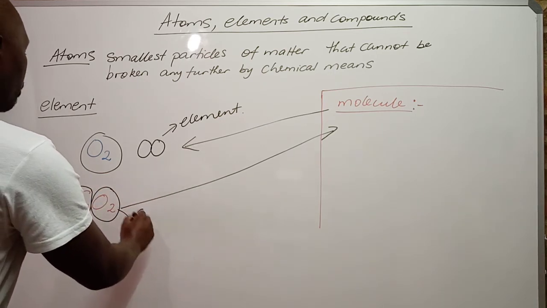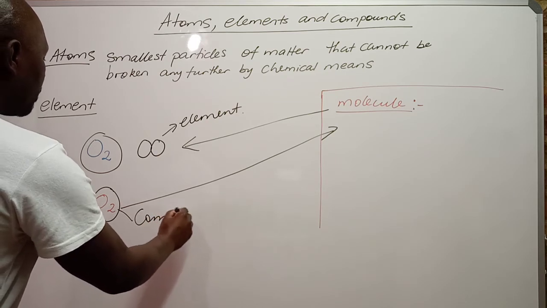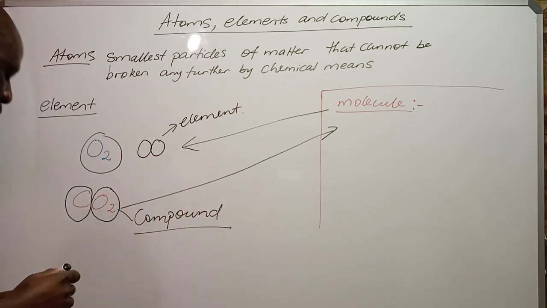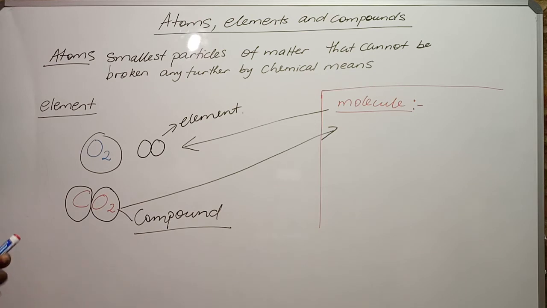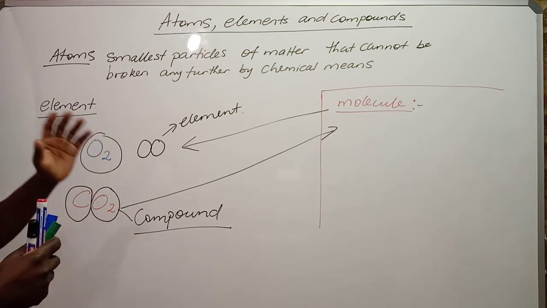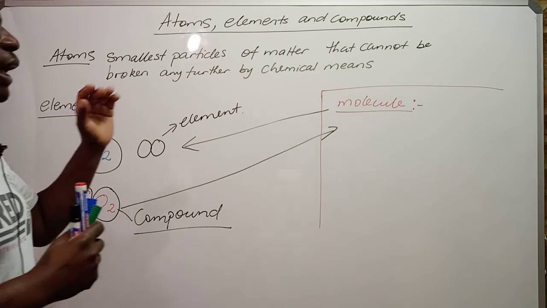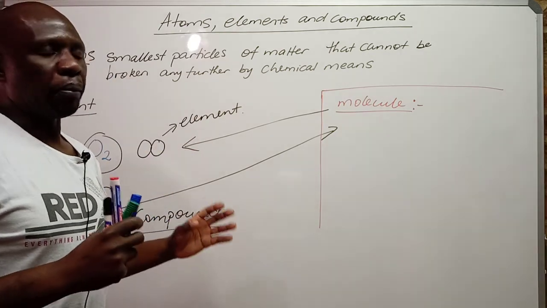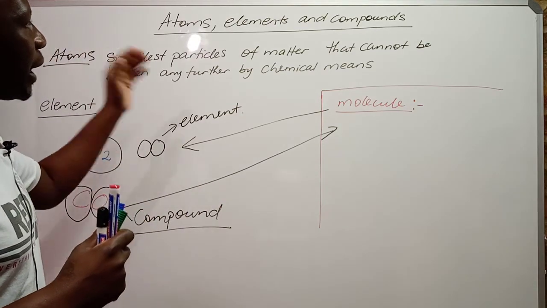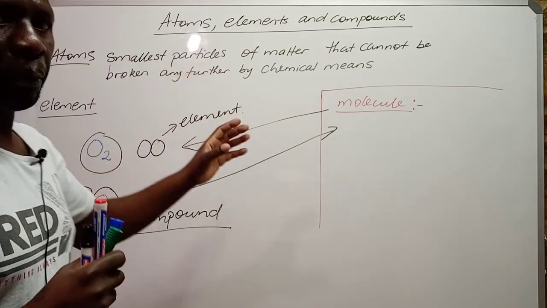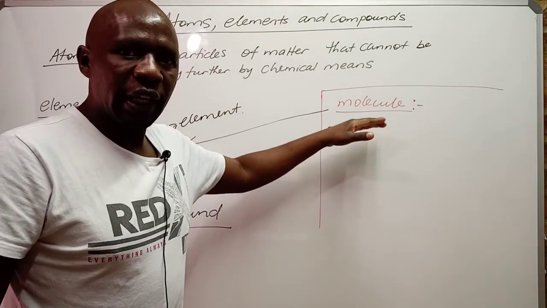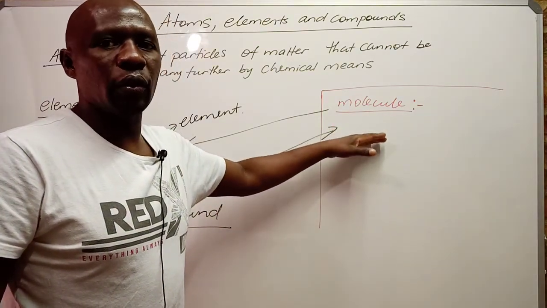Then carbon dioxide becomes a compound. So this is how we basically define an atom, an element, and a compound. But in defining these, it is important for us to know what a molecule is.